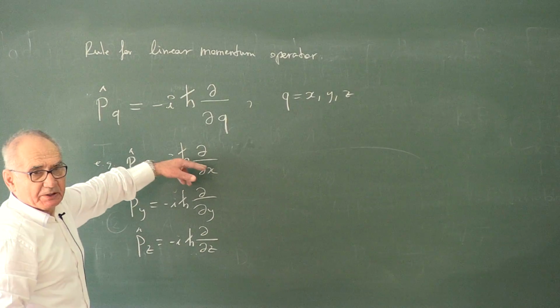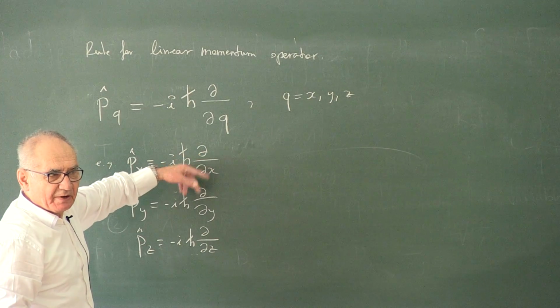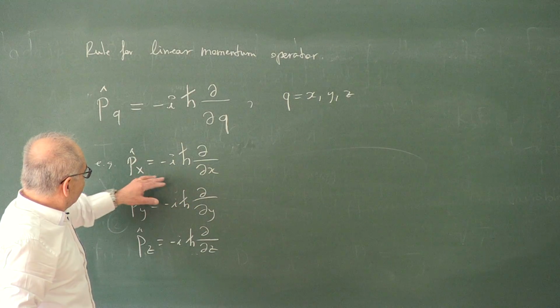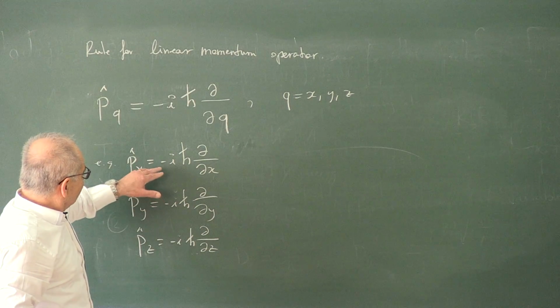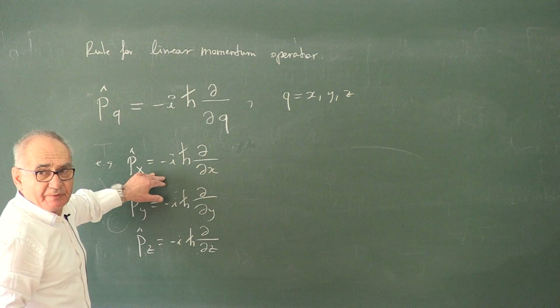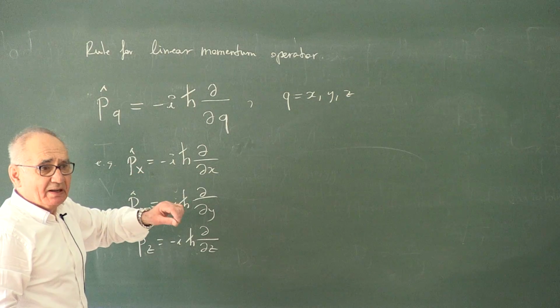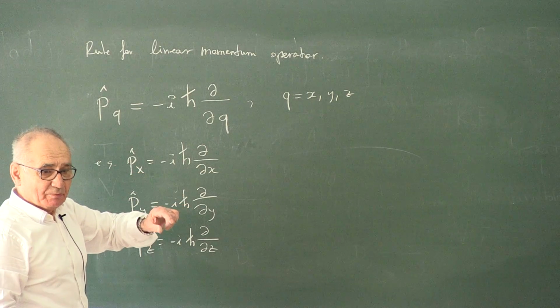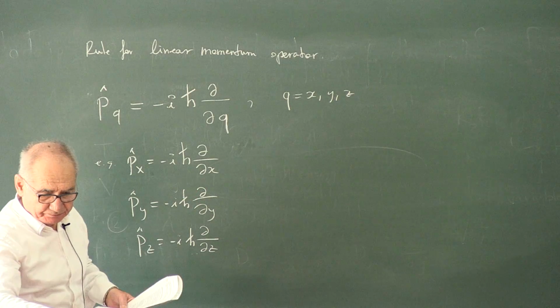These are partial derivatives with respect to the independent variables. These are the expressions for the x, y, z components of the linear momentum of a single particle.